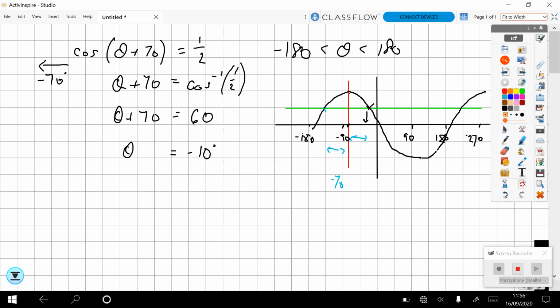So this is between negative 70 and negative 10. That is a gap of 60 degrees. This will also be a gap of 60 degrees. From negative 70, 60 degrees to the left, that puts me at negative 130 degrees.